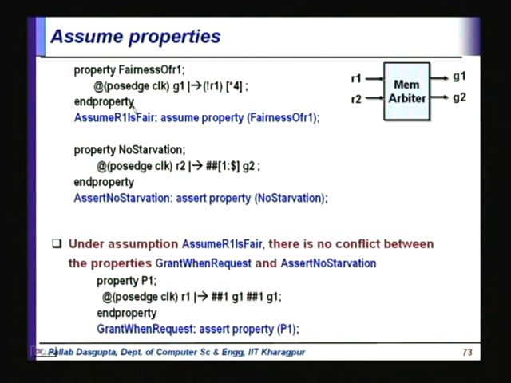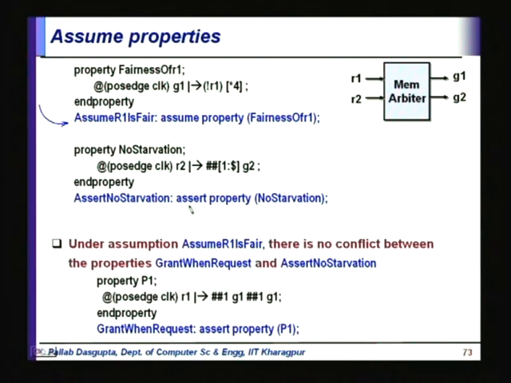So, we are going to write this and declare it as an assume property. This is the important line. We are saying assume R1 is fair: assume property fairness of R1. Remember, in one of the earlier slides I had shown you that after defining the property, you define it as an assert property.